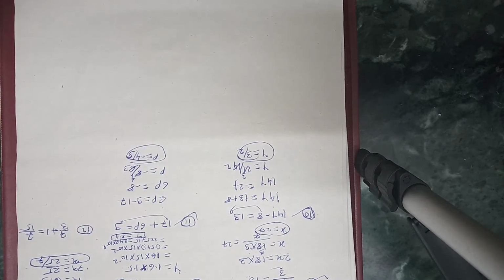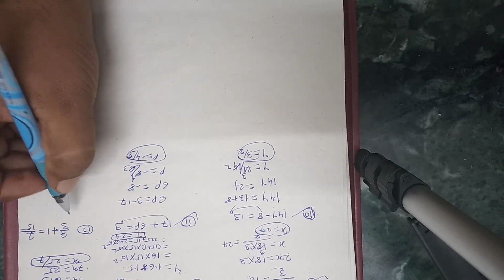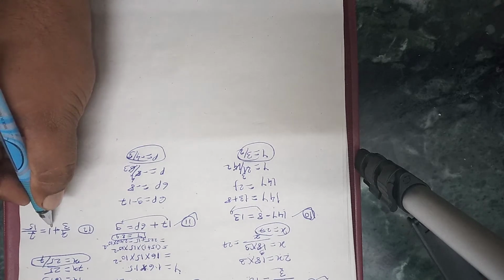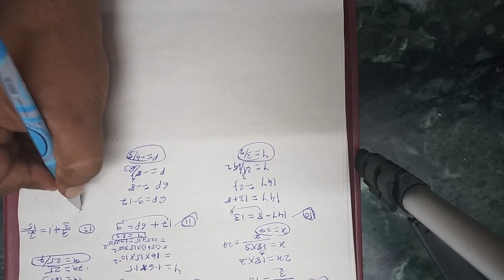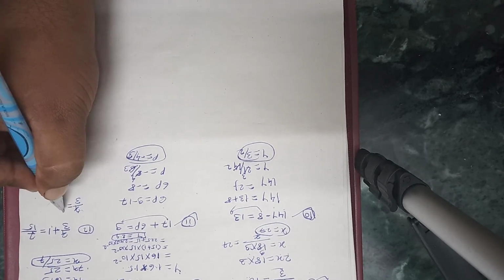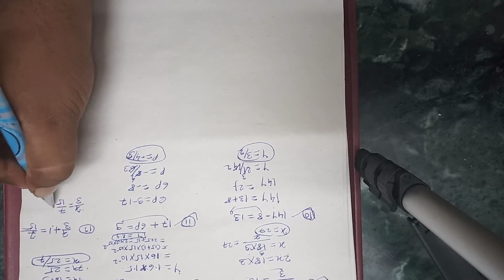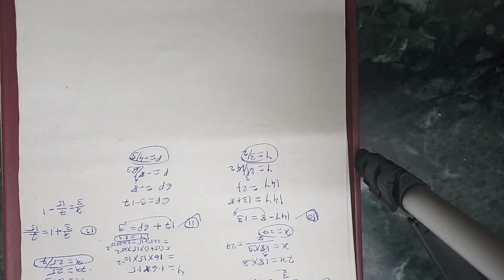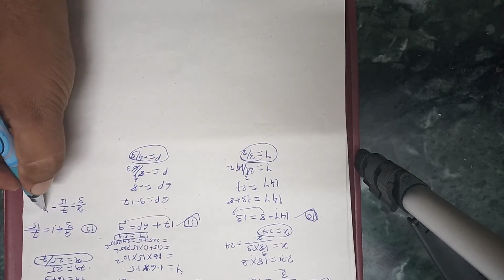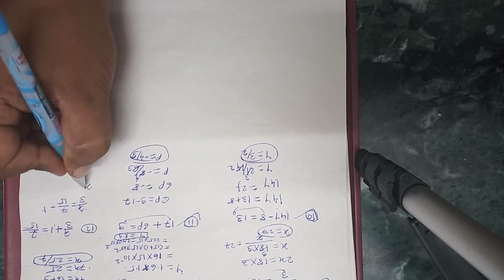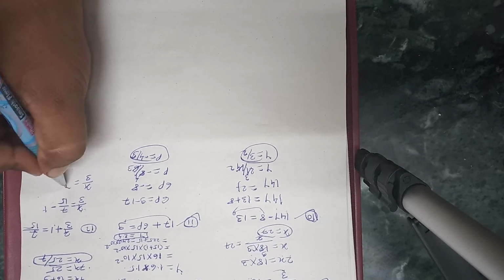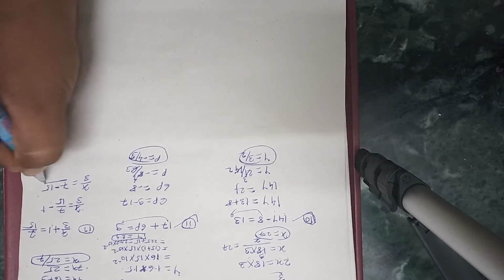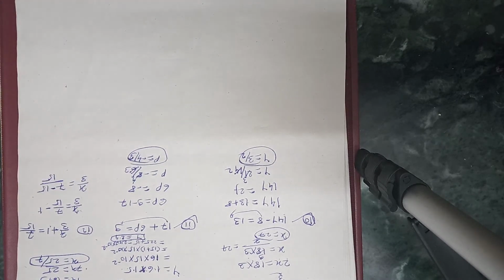In example number 12, the equation is x by 3 plus 1 is equal to 7 by 15. So x by 3, shift this 1 here. So now the equation will be x by 3 is equal to 7 by 15 minus 1. Multiply this 15 with this 1 to make a common base. So x by 3 will be 7 minus 15, the base will be common, that is 15.